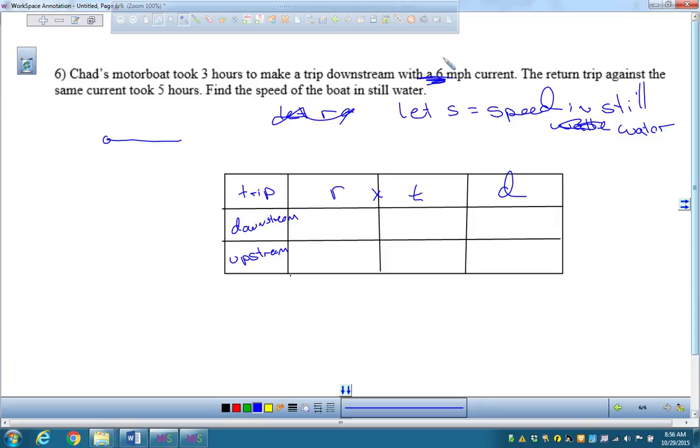If you're going against the current, pushing straight in your face, you're going that much slower. So its rate with the current is R plus 6. You get that? What's his rate against the current? R minus 6.